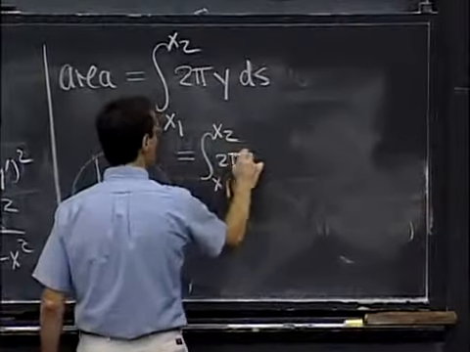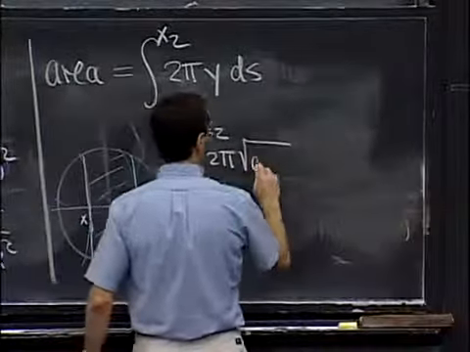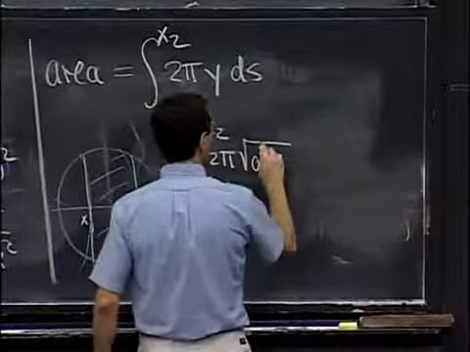So 2 pi, the formula for y is square root a squared minus x squared. And the formula for ds is the square root of this times dx. So it's the square root of a squared over a squared minus x squared dx. All right, so this part is ds, and this part is y.